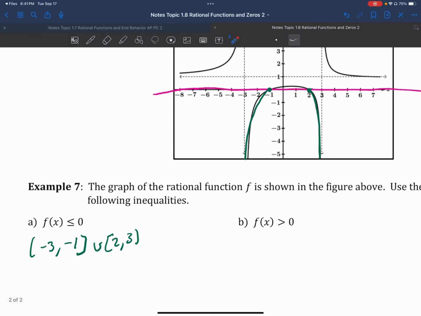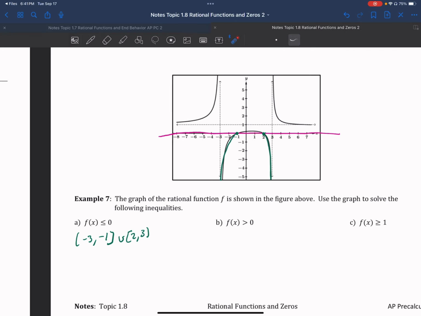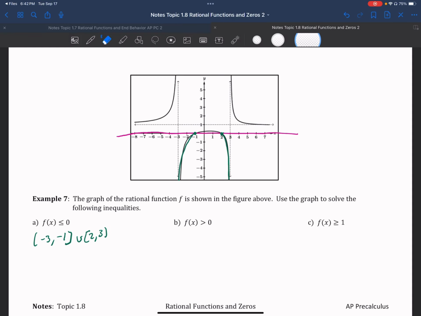Okay, for the second one, I'm looking for where f of x is greater than 0. So what I'm going to do is I'm going to highlight anything above the pink line. So I have this right here in purple on the left, this right here in purple on the right, and then I have this middle piece that I'm highlighting in the middle.